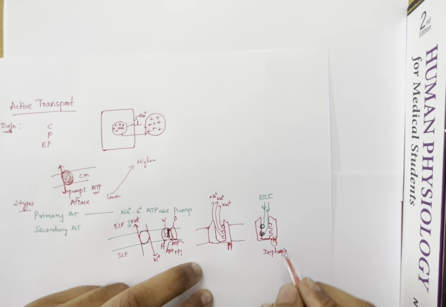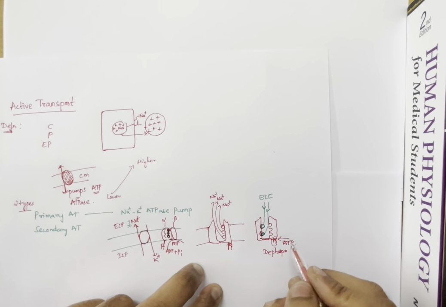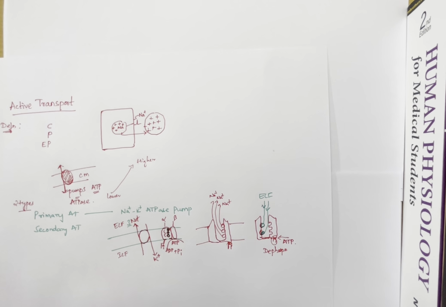Dephosphorylation by attaching a new ATP. One more ATP is attached, resulting in removal of this Pi, and there undergoes a conformation change. What is happening? The outside portion is getting closed, and the inside portion gets opened.